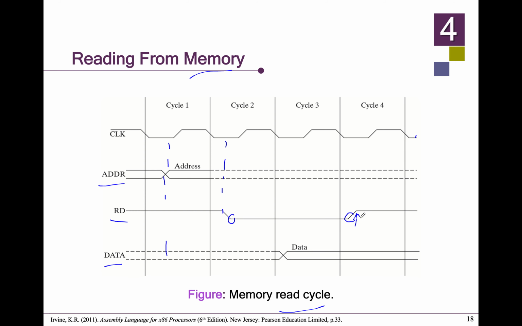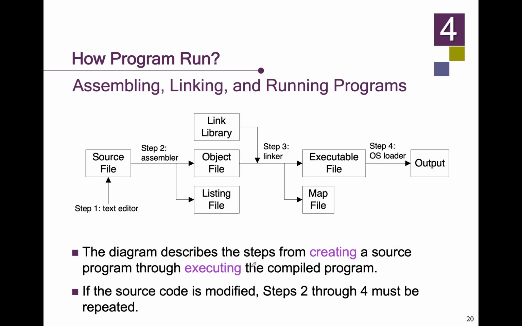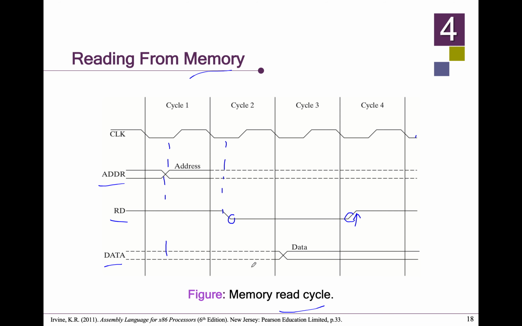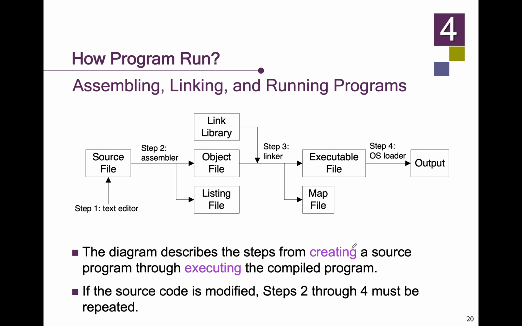It's going to be changed to high, to indicate that the data on your data bus is on. Okay, so you can see the flow: first step, and then after that it's changed to 0, and your data is going to be changed again depending on the data that is available. So this is what happens.